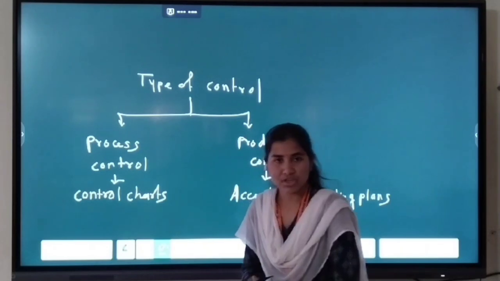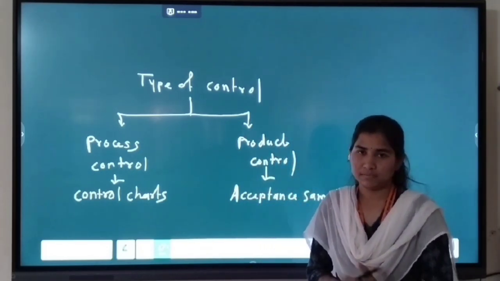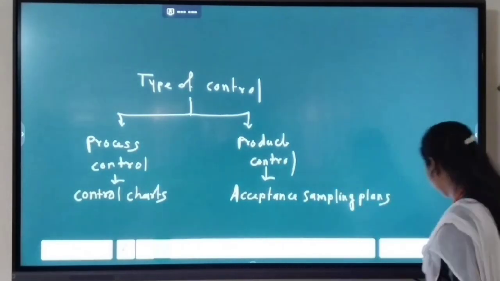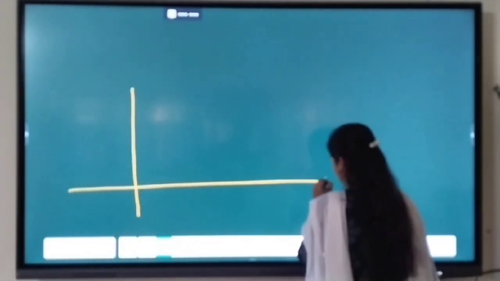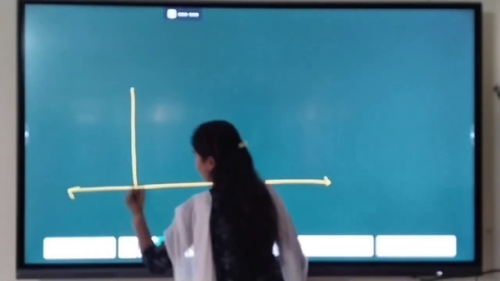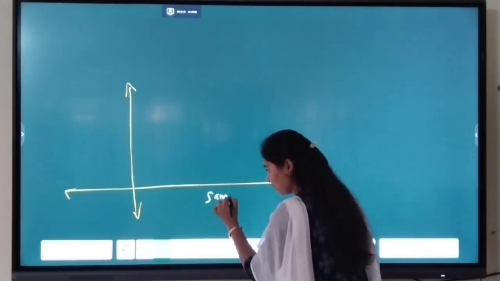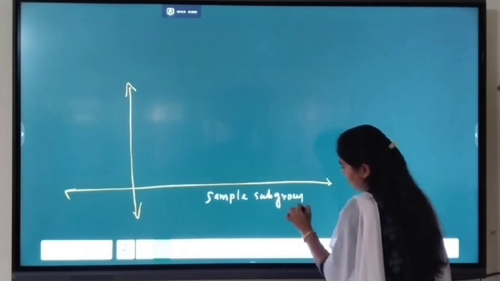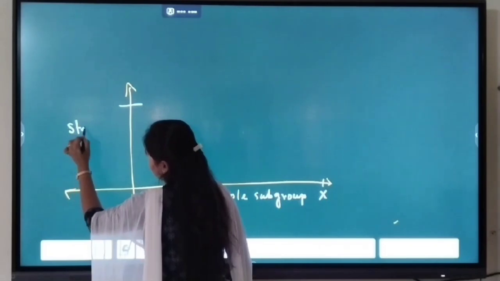What is meant by a control chart? A control chart is a graphical device to detect the presence of assignable cause. Then what is the nature of control charts? This is the graphical nature as we know. Along the x-axis we take sample subgroups, and along the y-axis we take statistics.